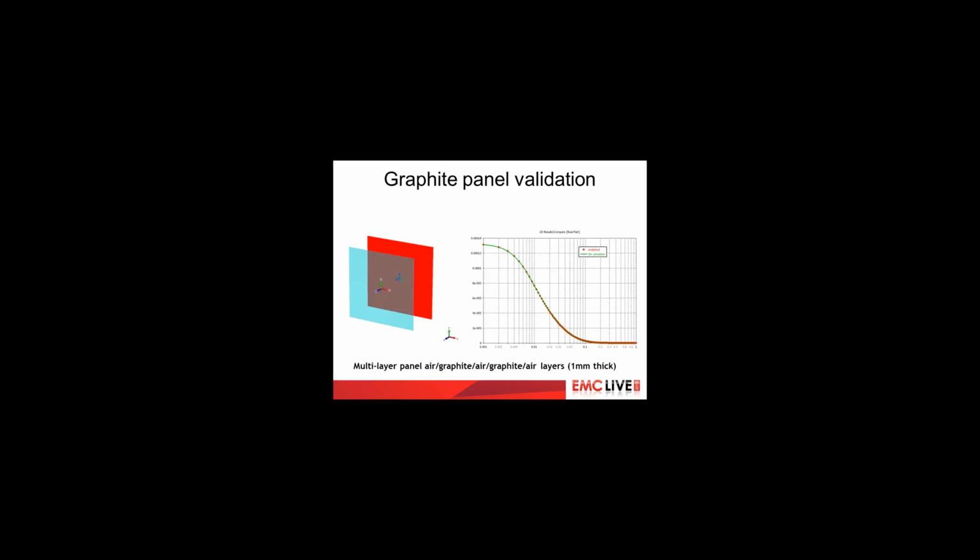To do this, we subject the panel to an incident plane wave, and we simulate the transmitted field on the opposite side. You can see on the right-hand side in the graph plot that the frequency dependency is clearly seen. The panel behaves like a low-pass filter, essentially. And there is really perfect agreement between the TLM simulation and the analytical result.